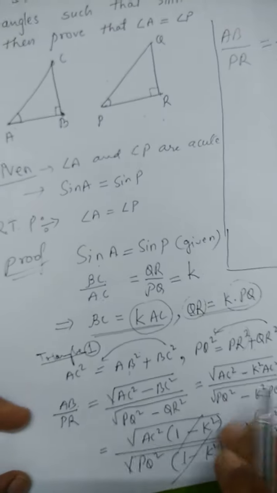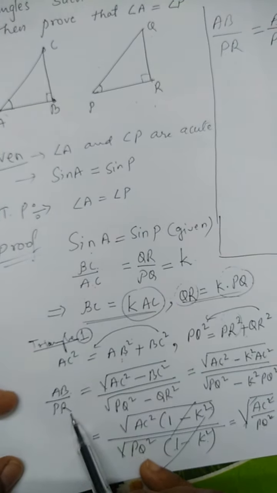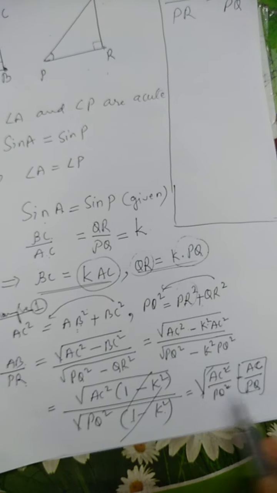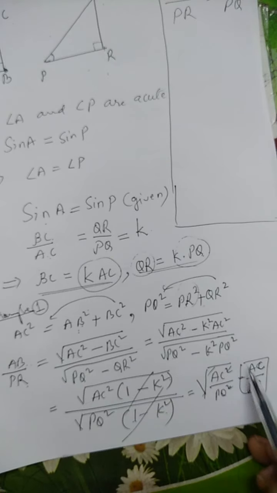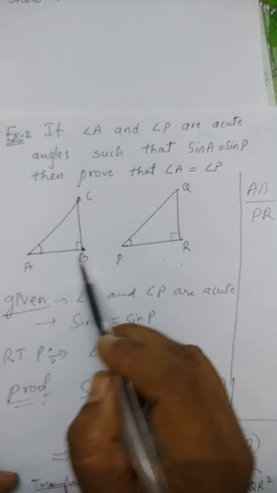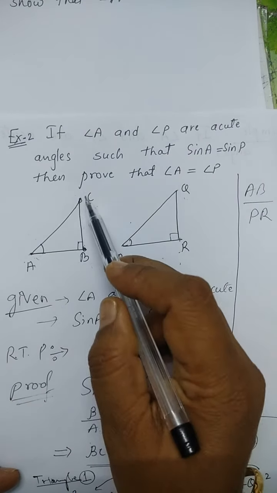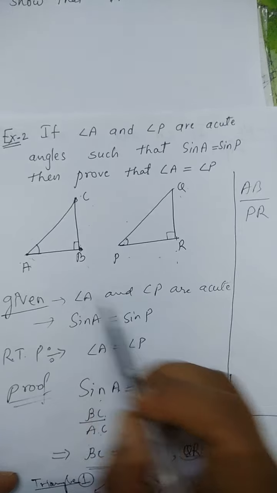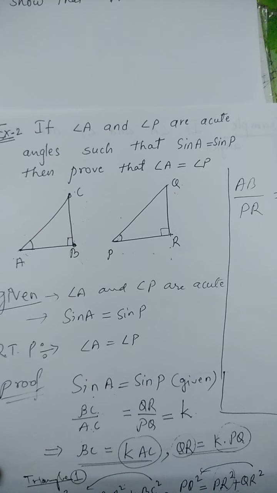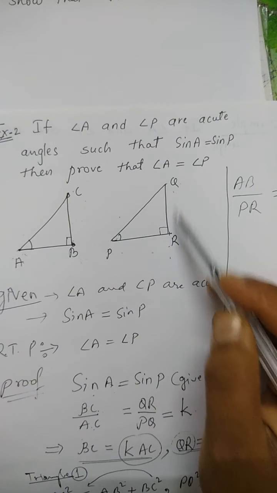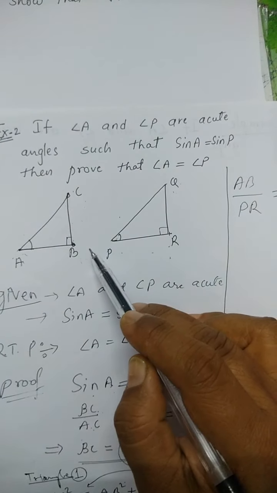Look here, AB upon PR we have solved and we reached at AC upon PQ. So AB upon PR is equals to AC upon PQ. Means in this triangle you see AB upon PR is equals to AC upon PQ. When the ratio of two corresponding sides is same, the third side's ratio will automatically be same.